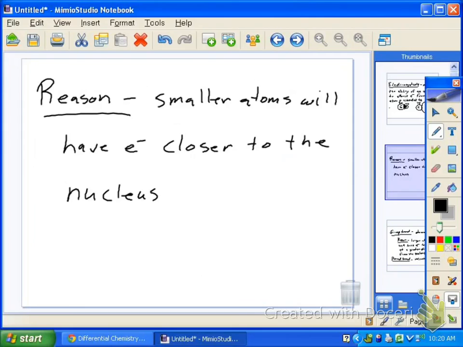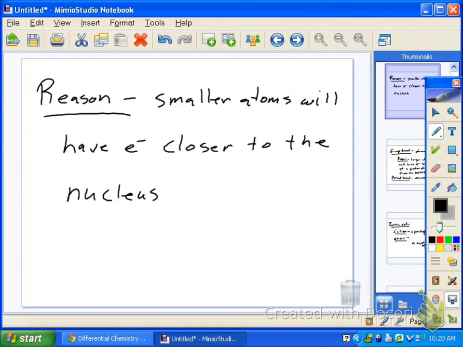So those non-metals tend to gain electrons and become anions. And the metals tend to lose electrons and become cations. Cations is a positively charged ion. Does that make sense? All right. Good.